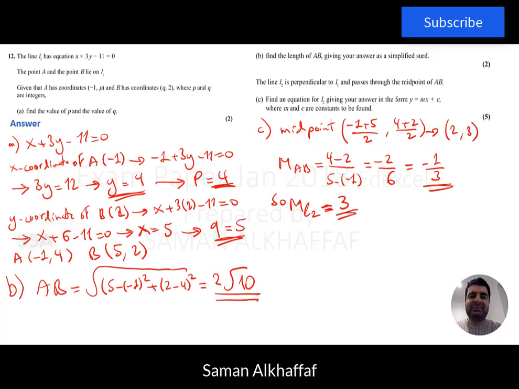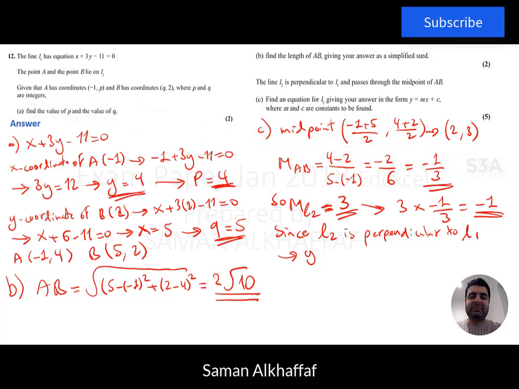Now we can check, 3 multiplied by minus a third gives us minus 1, which confirms they are perpendicular. So since L2 is perpendicular to L1, we have y take away 3 equals 3 multiplied by x minus 2.